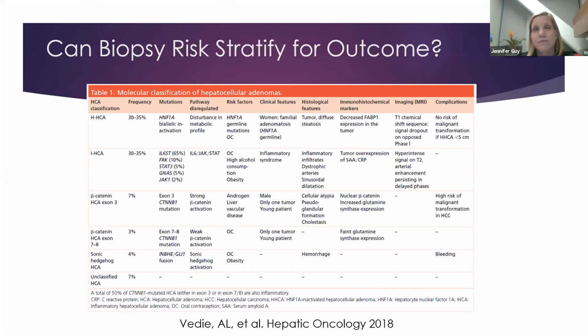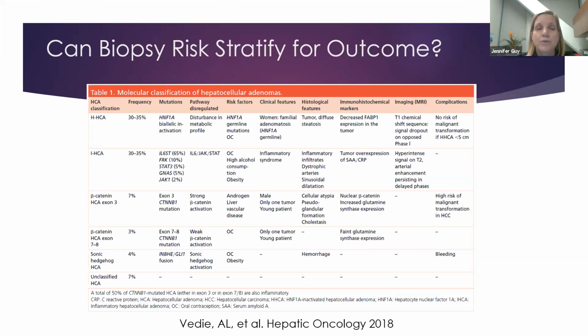About 6% of them will stain for beta-catenin. So it's just important to make sure that if you see the inflammatory histology, that the pathologists are still staining for beta-catenin, because there is a small risk for these lesions to have that.